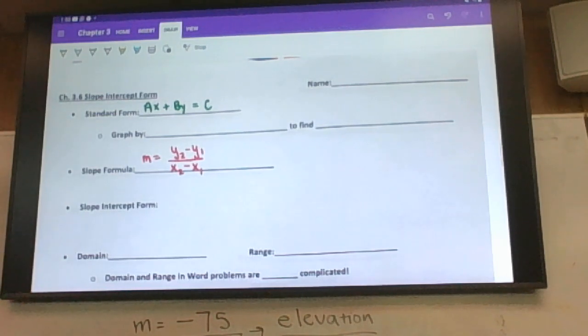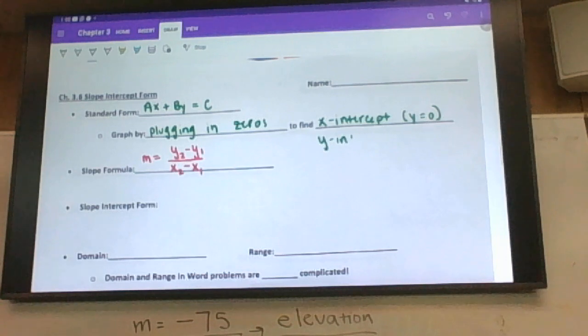So ax plus by equals c. You usually graph by plugging in zeros to find the x-intercept. That's when we plugged in y equals 0, and then the y-intercept.